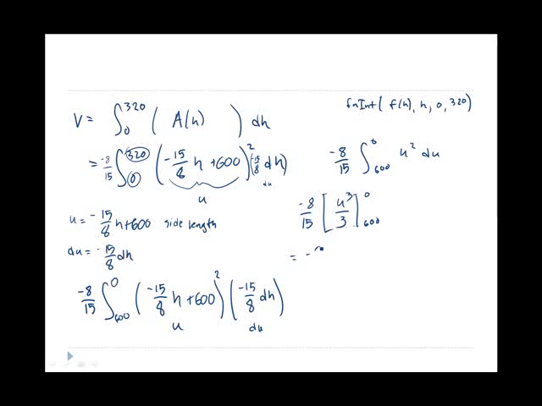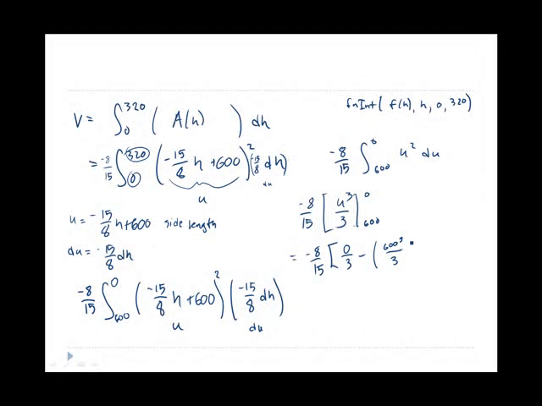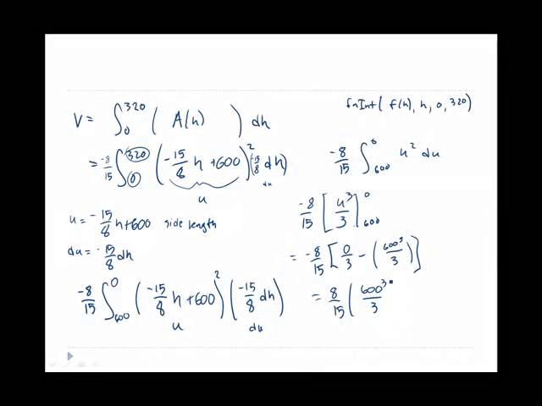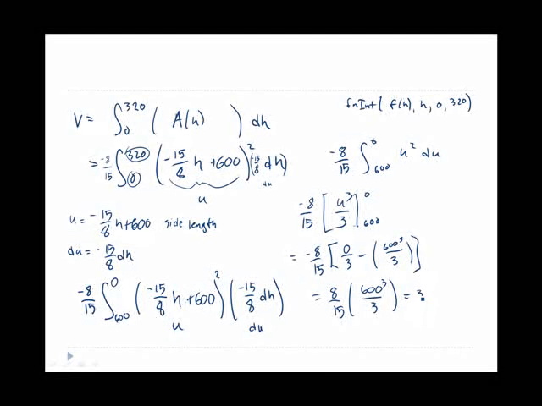So then that's going to give me negative 8/15 times, remember you plug your 0 in first, so 0 over 3 minus 600 cubed over 3. Right, and the negatives are going to cancel, negative times a negative, so we just end up with 8/15 times 600 cubed over 3. And that should simplify to 38,400,000 cubic units is the volume of our pyramid.